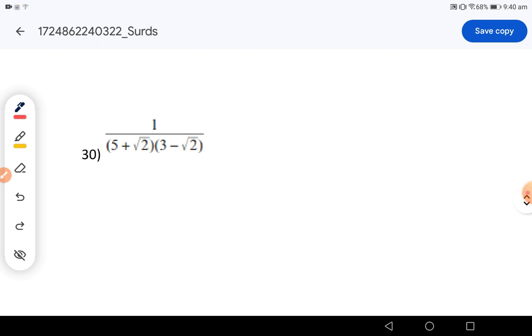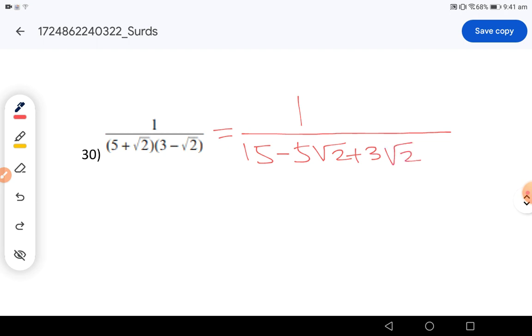So just let's multiply. 1 by 5 times 3, 15, minus 5 root 2, and then 3 root 2 plus 3 root 2, and root 2 times root 2 is minus 2.